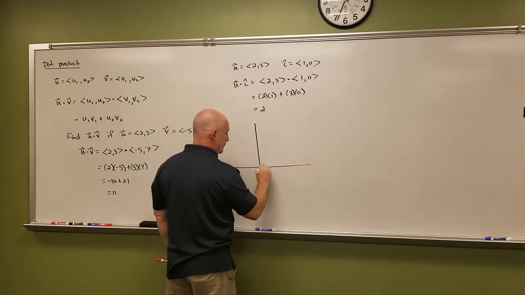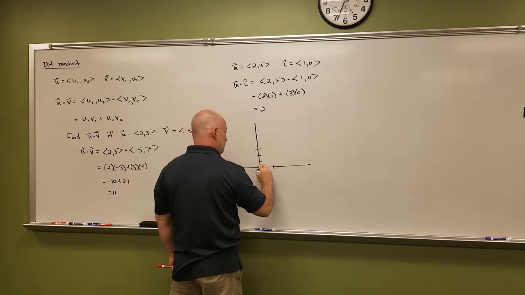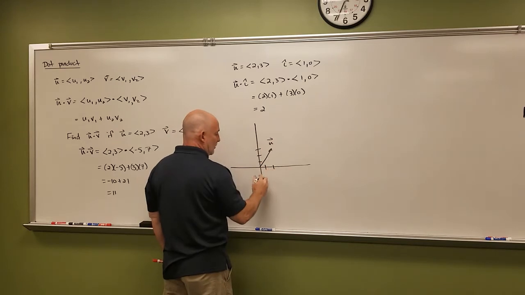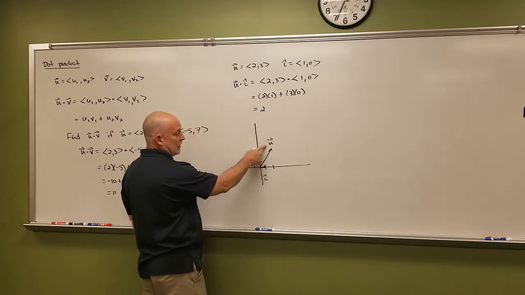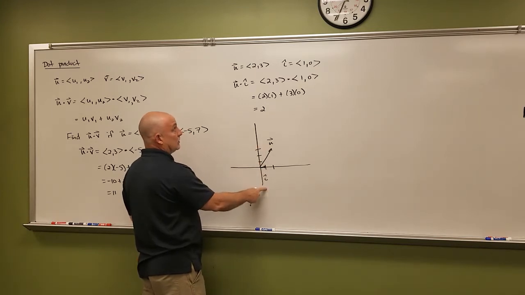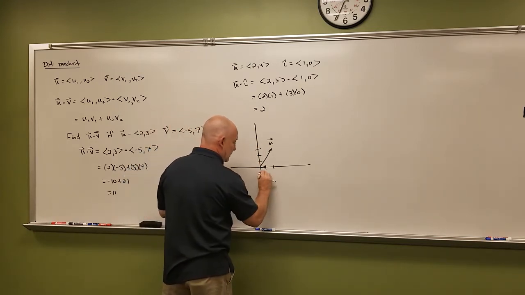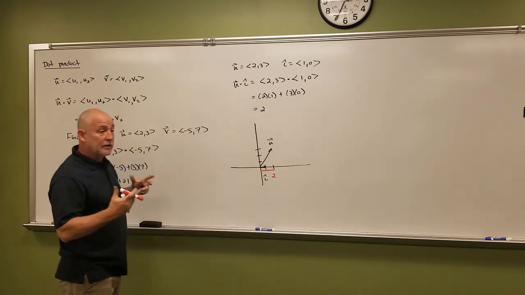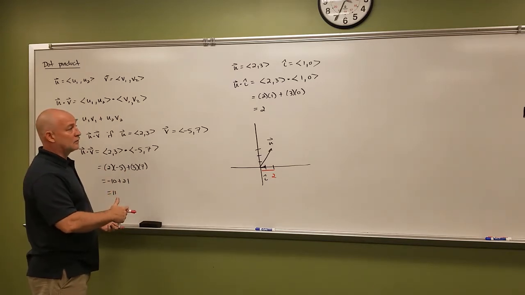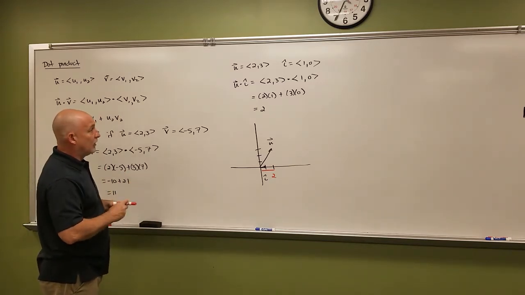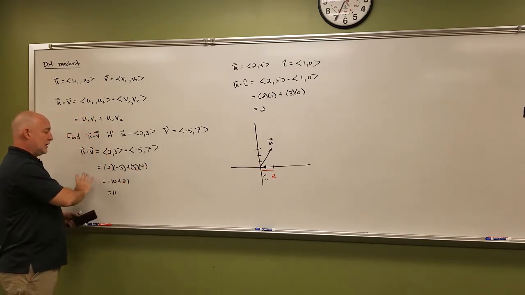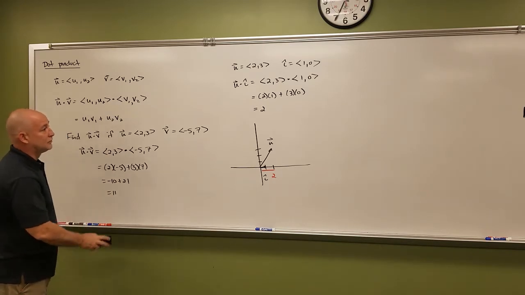And if you think about what this looks like, if you were to do a quick sketch of your vector in standard position, that's our vector u. Remember, our vector i just points in the x direction. So the question is, how much does u go in the x direction? Well, it goes 2 steps in the x direction. It's easy enough to see right there. So the dot product is kind of how much one vector goes in the direction of another one. We're going to see how we can actually put that concept to use in a little bit. But other than that, it is just a do-this-to-do-the-multiplication.